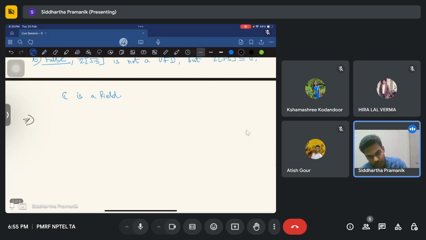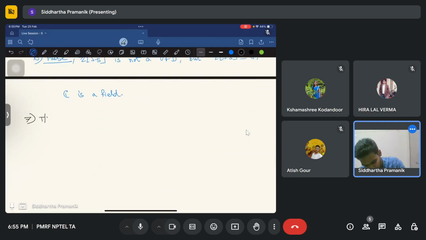Now what about the quotient? Let's not write quotient, let's write homomorphic image.